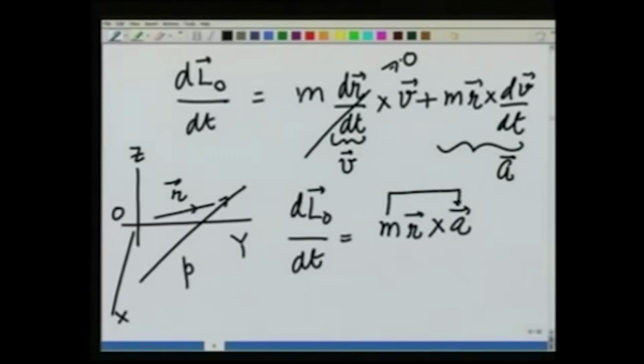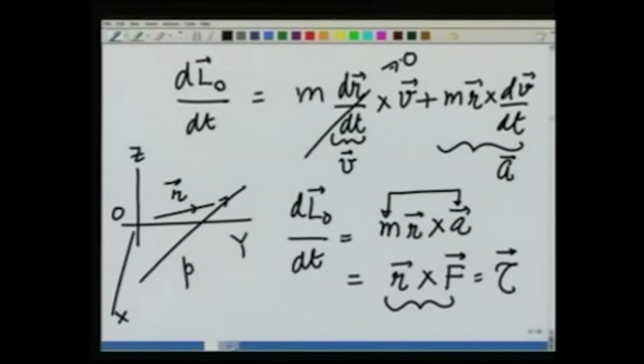M times the acceleration is the force, and therefore, this is equal to r cross F. And we define this quantity to be the torque, and I am going to denote it with this symbol called tau.